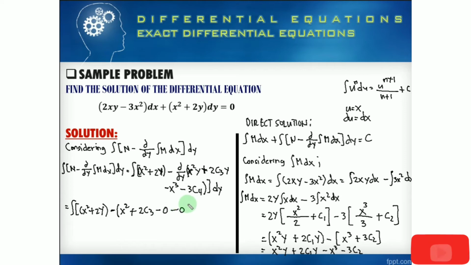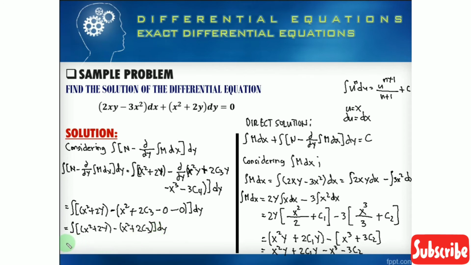Close parenthesis and bracket, and this is dy. So this is simply equal to the quantity x squared plus 2y, minus x squared, plus 2c3, and this is bracket dy.